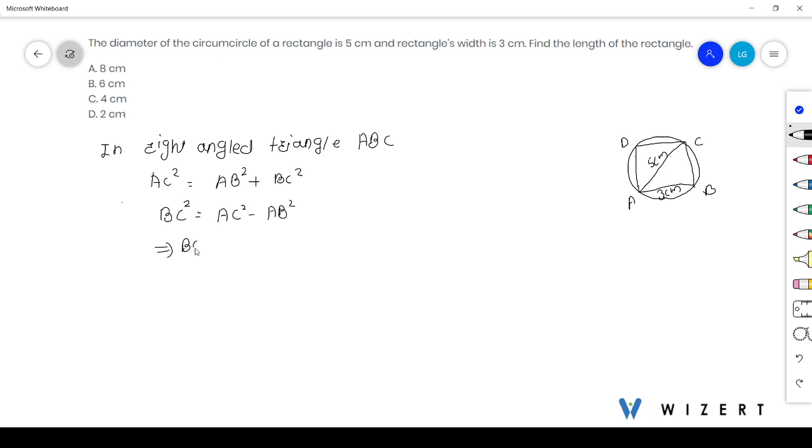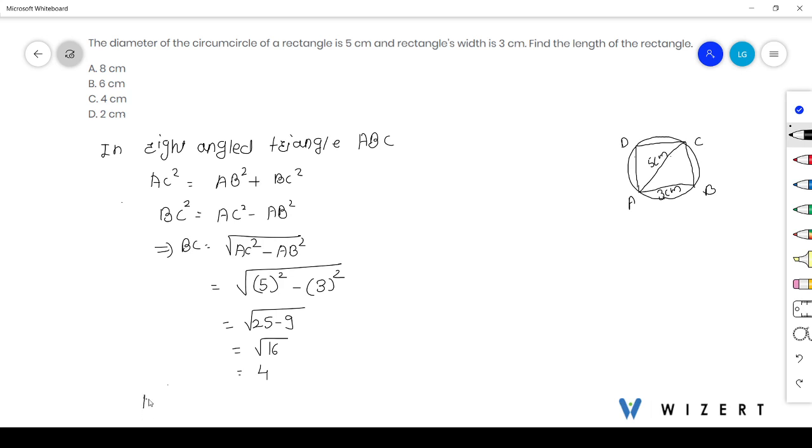So BC will be under root AC square minus AB square. Now AC is given as 5, so 5 square, minus AB is 3, so 3 square. That is 25 minus 9, which means root 16, so it is 4 cm.